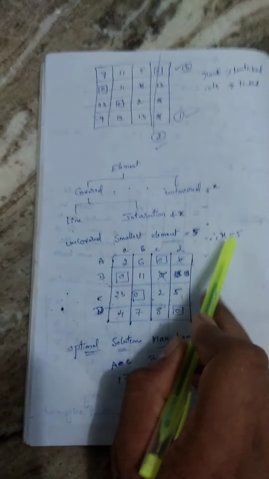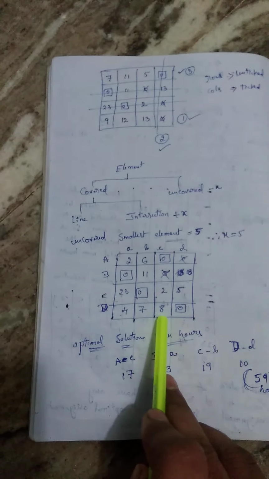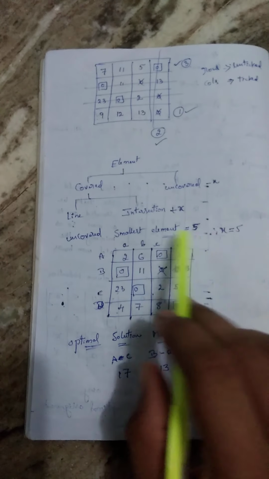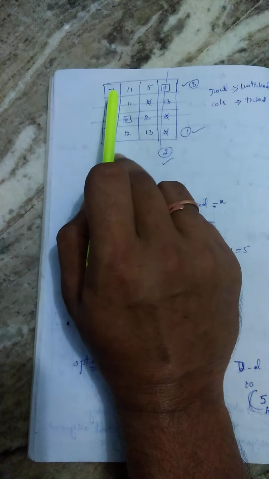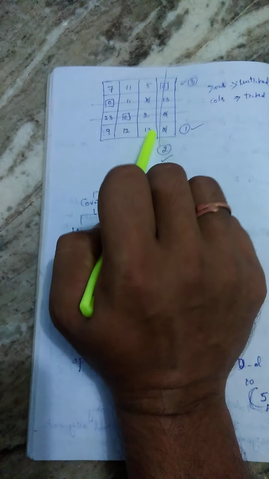Next, 9 minus 5 gives 4. 12 minus 5 gives 7. 13 minus 5 gives 8. We only take the smallest element from the uncovered elements 7, 11, 5, 9, 12, 13.